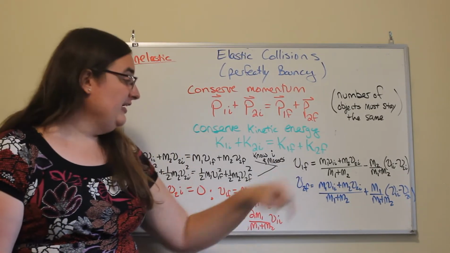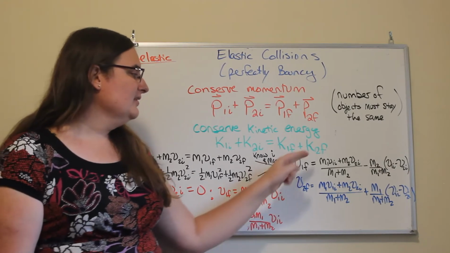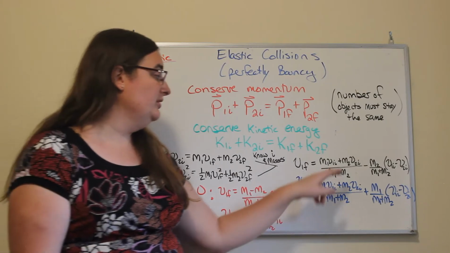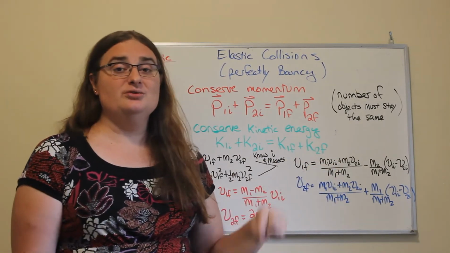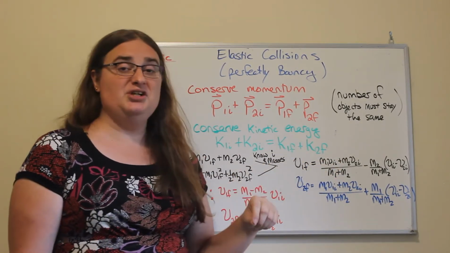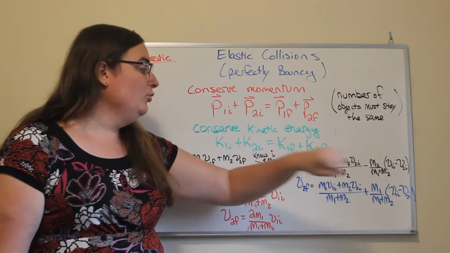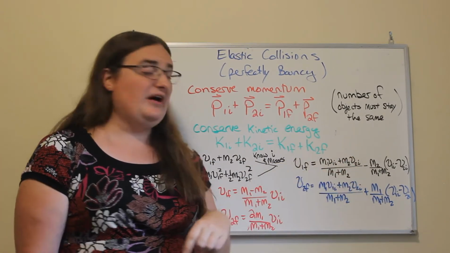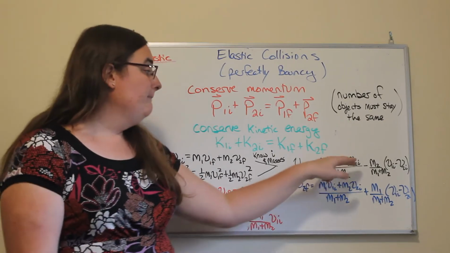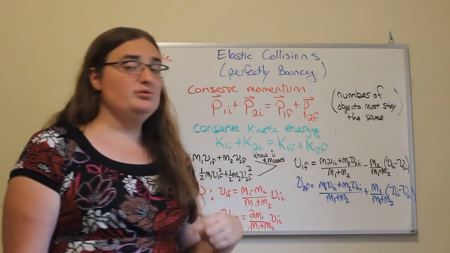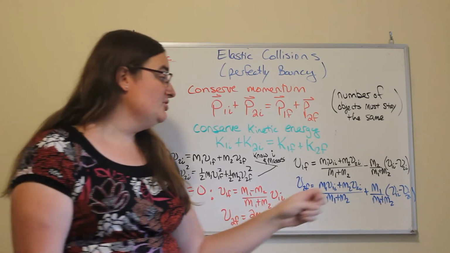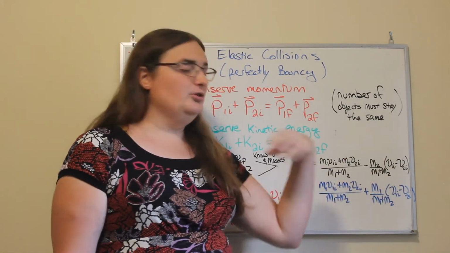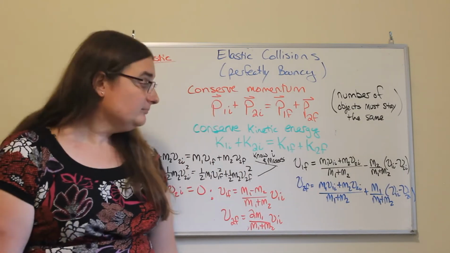The final velocity of object 1 is going to be the mass of object 1 times the initial velocity of object 1 plus the mass of object 2 times the initial velocity of object 2, divided by m1 plus m2, so that's our initial momentum divided by the total mass, minus the mass of 2 divided by m1 plus m2 times the difference in velocity, v1 initial minus v2 initial.